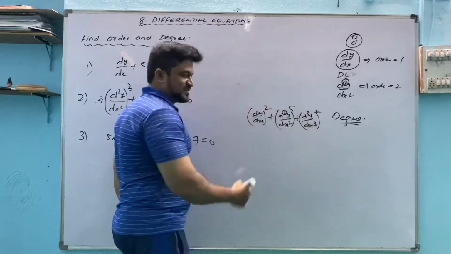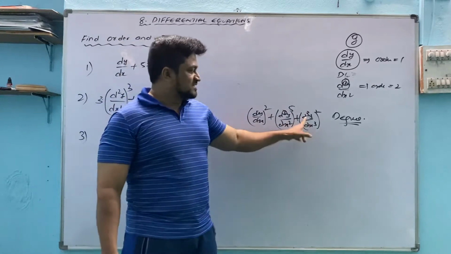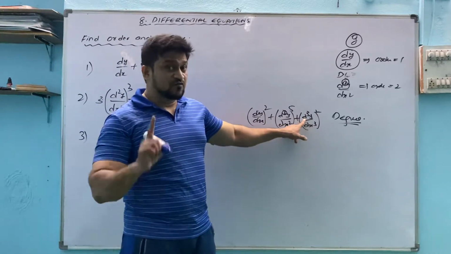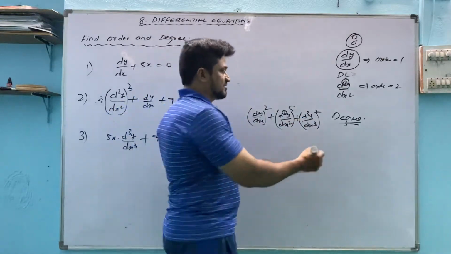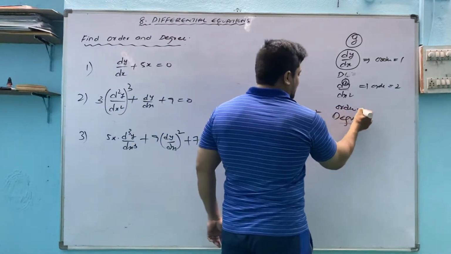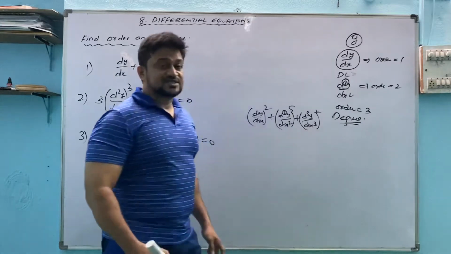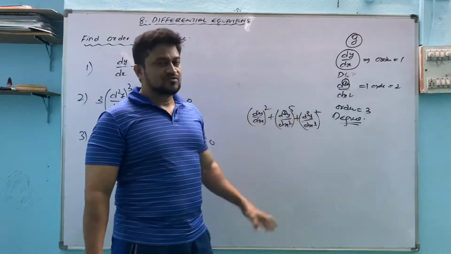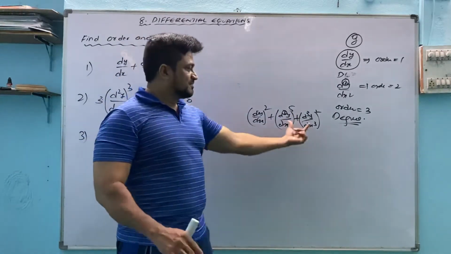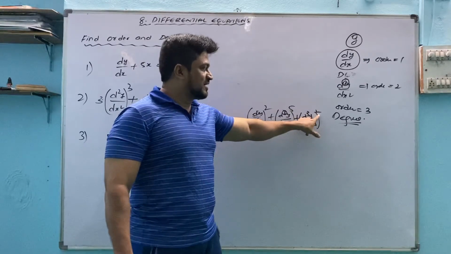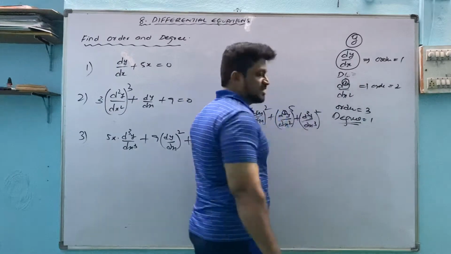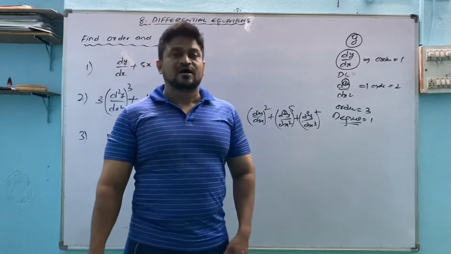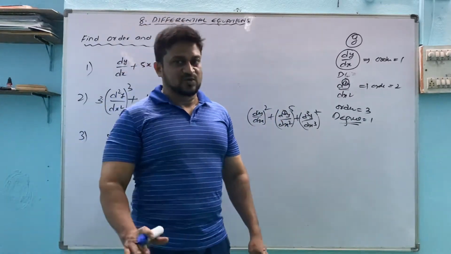So in all 3 terms, which power is highest? The highest power of d is 3. So that is known to be our order. The order of the function is 3. The highest time differentiated thing is the order. Now that order term, whatever whole power it has, that is known to be the degree of that one. So degree is the power of the highest differentiated value.